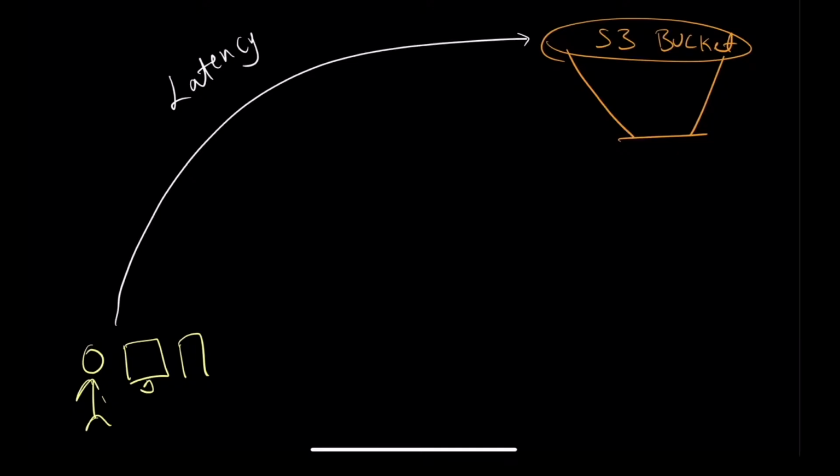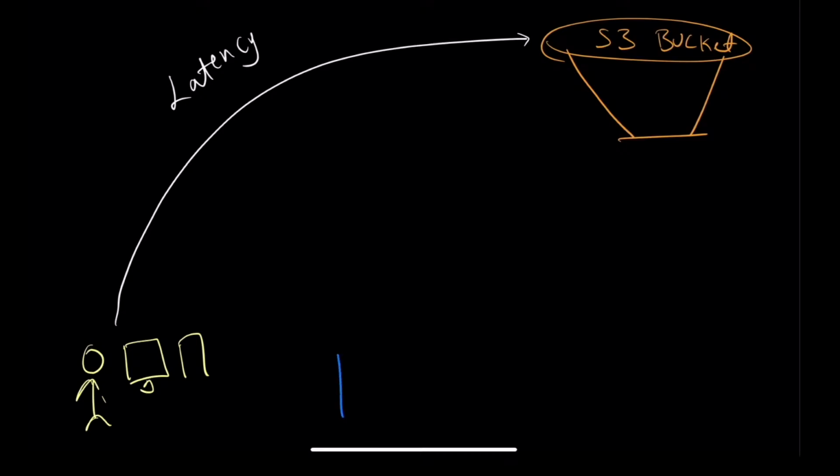So the longer the distance is, the more and more latency it's going to introduce, and it's going to be slow for me to be able to transfer the data. So if you feel like your data transfers from your machine to the bucket are slow, you can enable what is known as transfer acceleration. And when you enable it, definitely at cost, it's not going to be free.